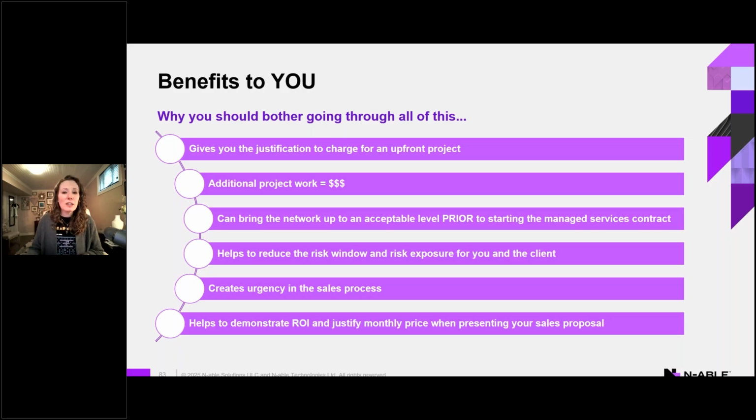Because once you sign them on as a client, you are in fact inheriting all of their risk and becoming responsible for that risk. And having collected all this data, as I keep saying, that's what creates your urgency in the sales process to hopefully help you close deals faster than if you didn't leverage any sort of assessment process.